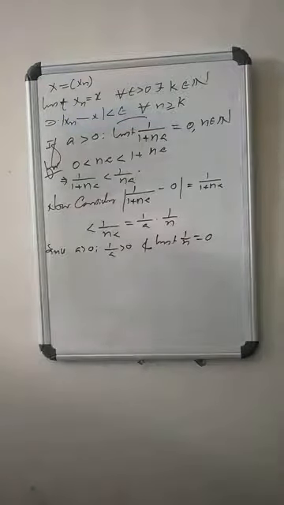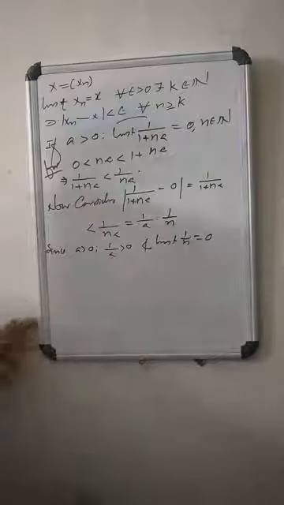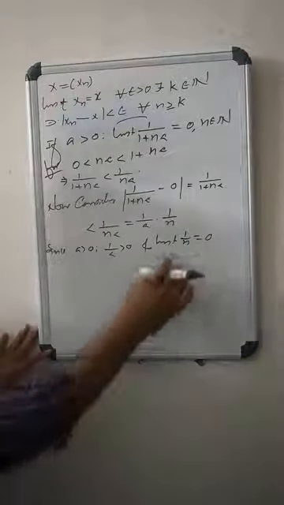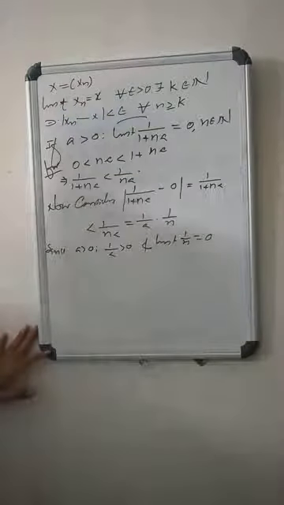So we have a theorem. The theorem says: let X equals (xn) be a sequence of real numbers, x in R, and (an) a sequence of positive reals such that the limit of an equals 0.